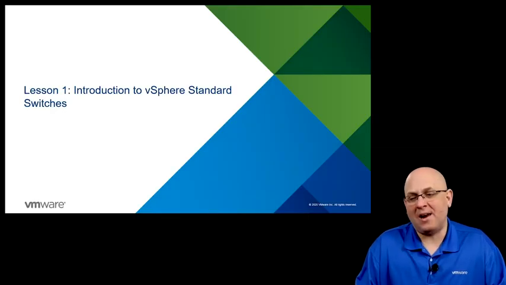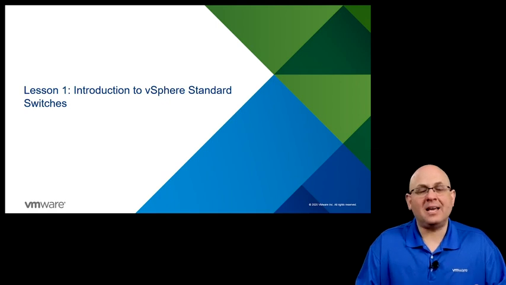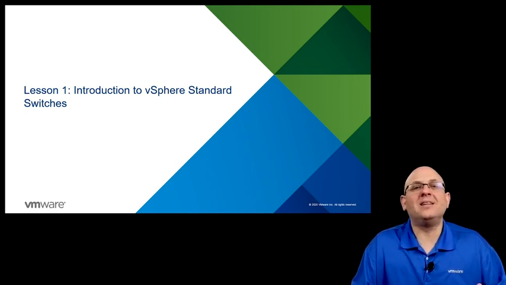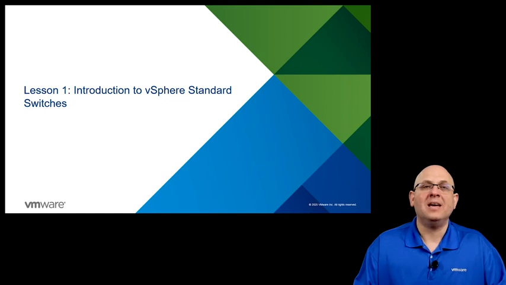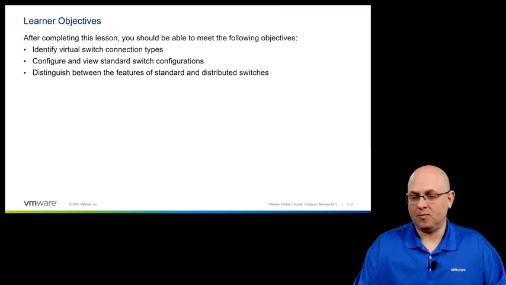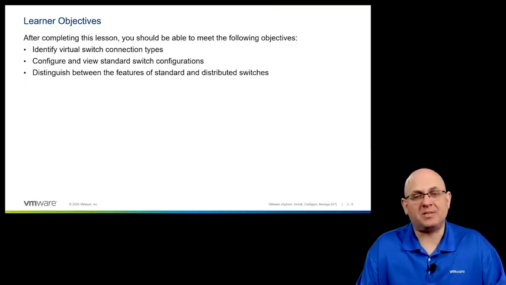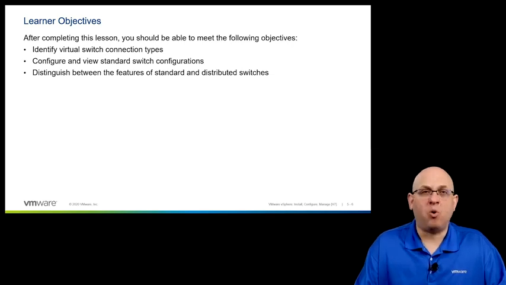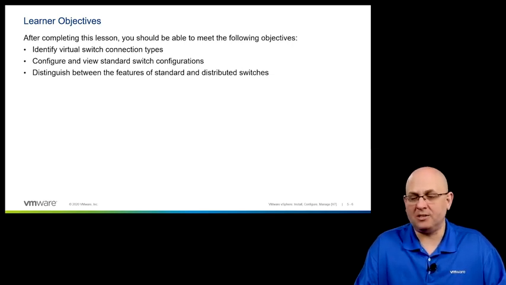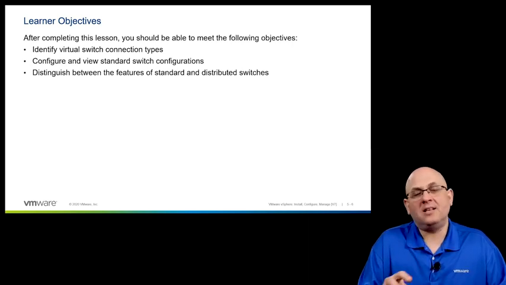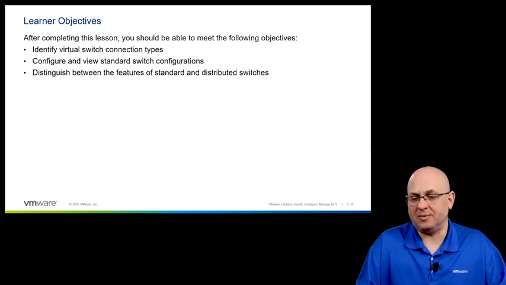So why don't we start right off by looking at standard switches and understand a little bit about virtual networking itself. We'll look at the different types of switch ports on our standard switches. And we're going to look at how we view and configure those standard switches themselves.